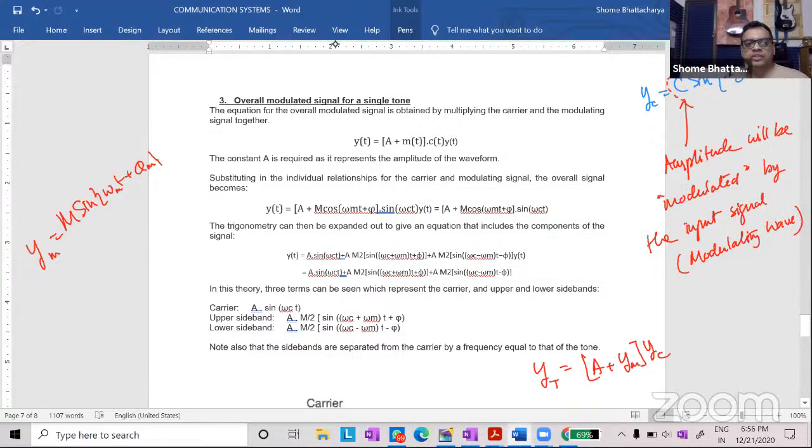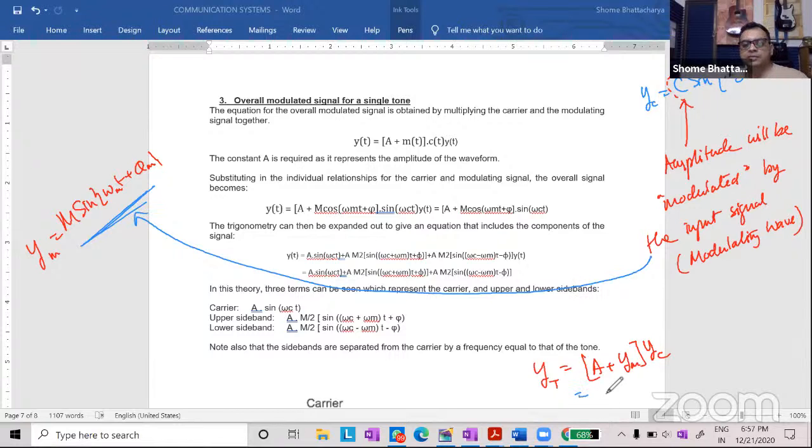So when you substitute in the formula here, you can see that this whole thing is getting multiplied by a term which is modulated by the modulating wave.